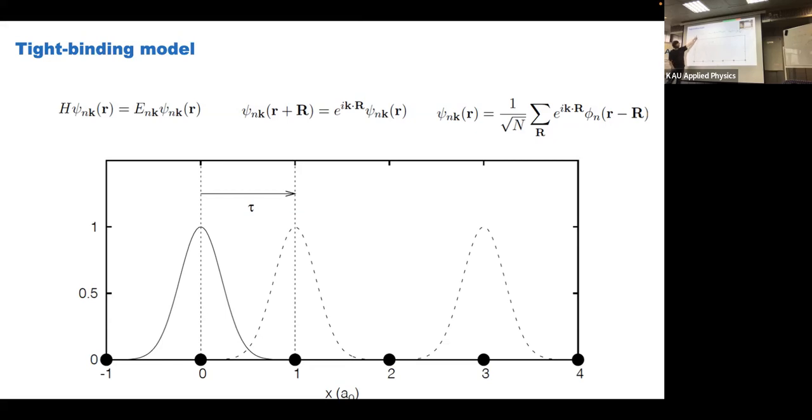What will be the stationary Schrödinger equation for this, for some n orbital: the Hamiltonian H acting on psi n,k, and we can calculate this energy for each atom. Then we can apply our boundary condition. If we have a translation by R, so we can move from here to here, we should get the same. So this thing should be this thing.